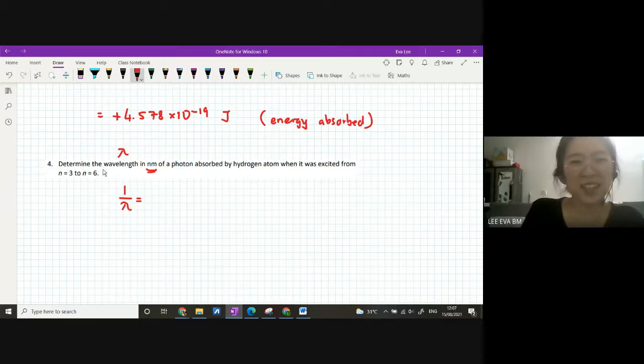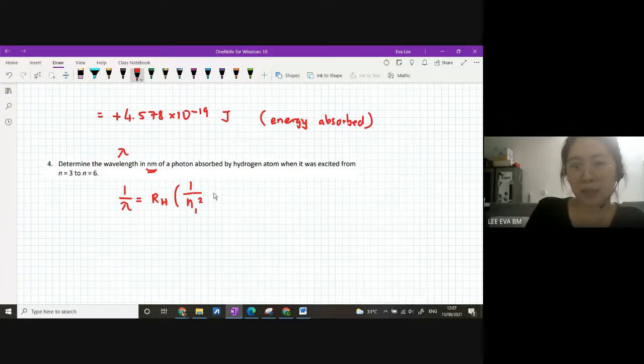Thank you very much. So we have 1 over lambda formula. Okay, so 1 over lambda equals to Rydberg constant, 1 over n1 square minus 1 over n2 square, whereby the value of lambda should be more than 0. Okay, n2 should always greater than n1.